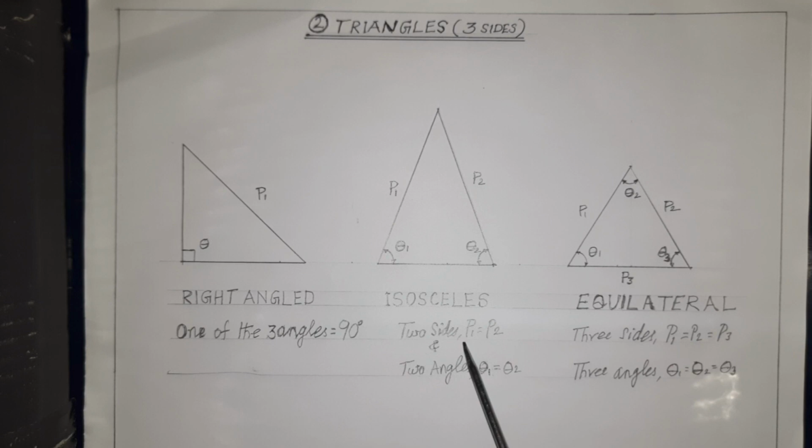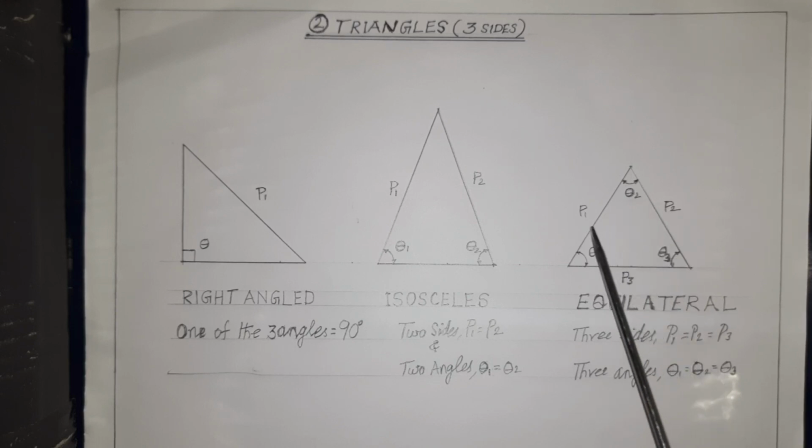When two sides P1 equal to P2 and two angles theta 1 is equal to theta 2, then this triangle is called an isosceles triangle. Similarly, the third one, three sides P1 is equal to P2 is equal to P3, and theta 1 is equal to theta 2 is equal to theta 3.